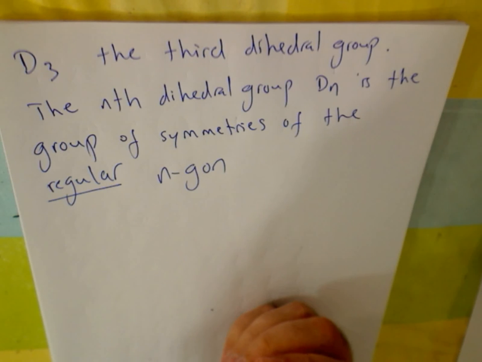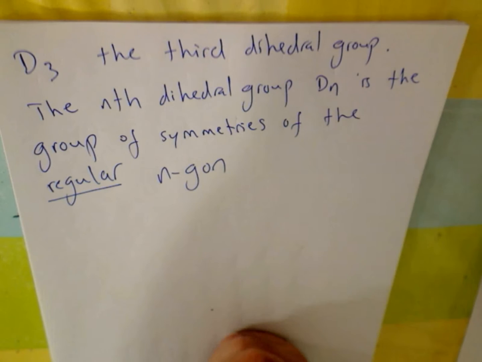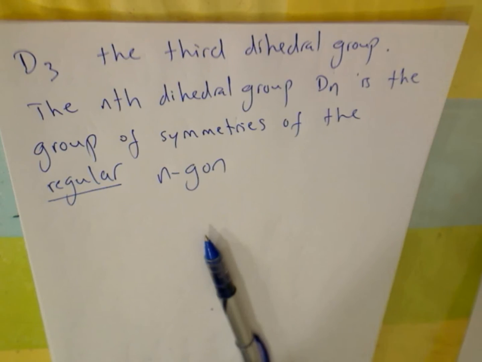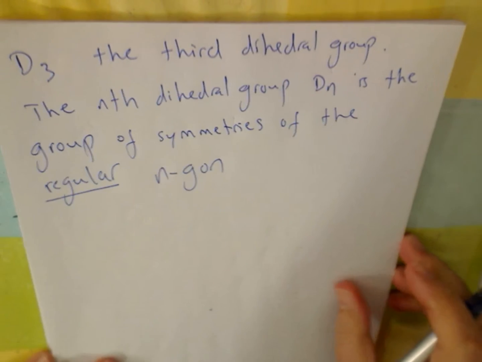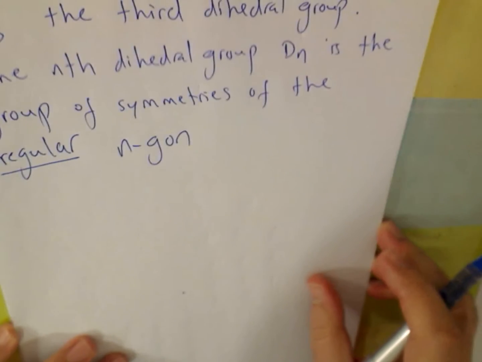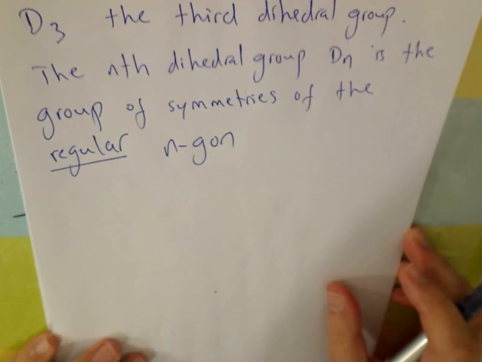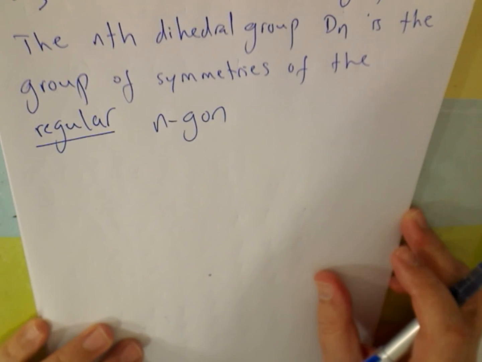Now that I'm here, I think I will move on to the D4. I was thinking of doing another video, but maybe since if you watch this then you will understand everything.